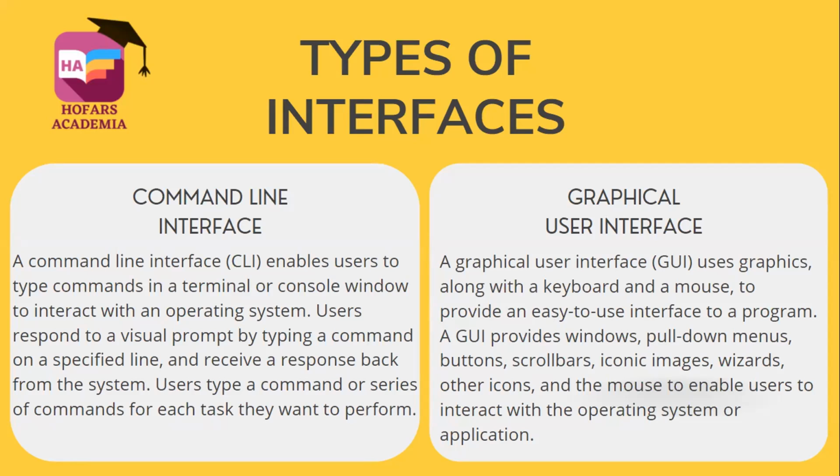A command line interface enables the user to type commands in a terminal or console window to interact with an operating system. The user responds to a visual prompt by typing a command on a specified line and receives a response back from the system. A very good example of a command line interface is the Unix distributions. Unix has many operating systems, like Ubuntu, Kali Linux, and Parrot OS.